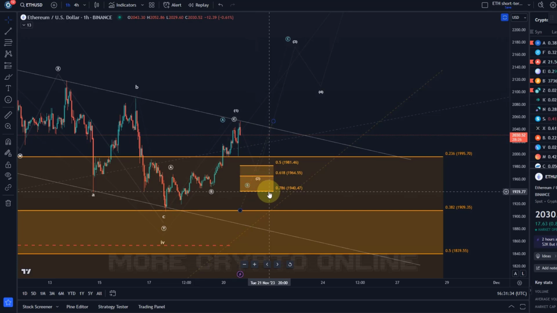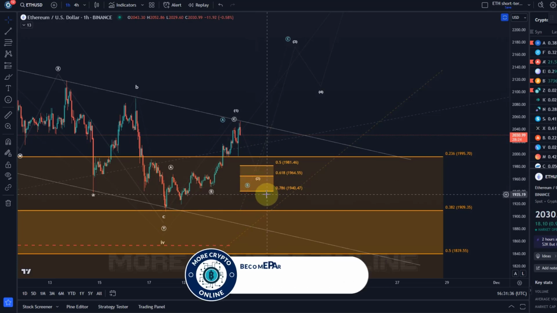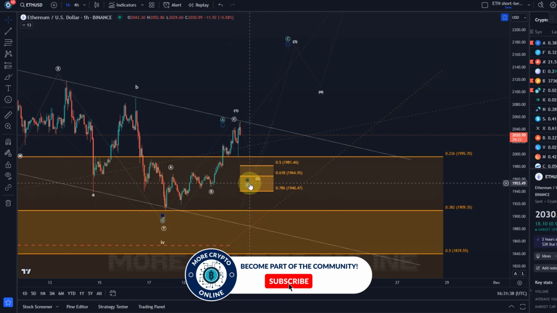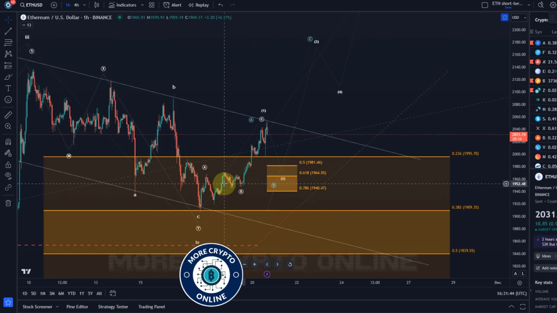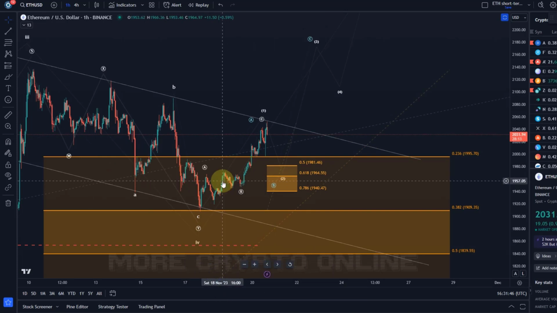But as long as 1940 is holding, it's a reasonable expectation to watch for a third wave rally. It's not a high probability wave count. I did say that in the Bitcoin video as well. It's very similar, because on the Bitcoin chart we're also dealing with corrective structures.